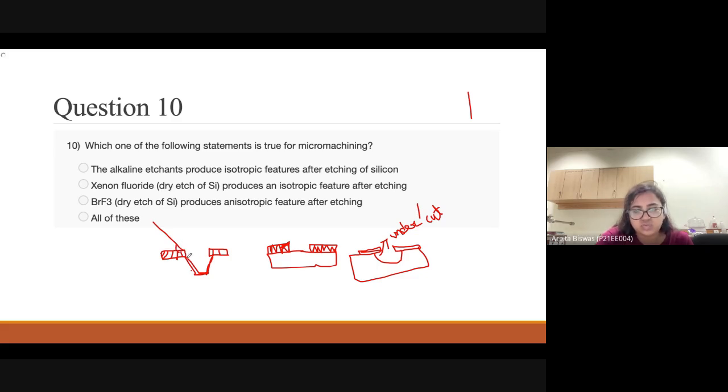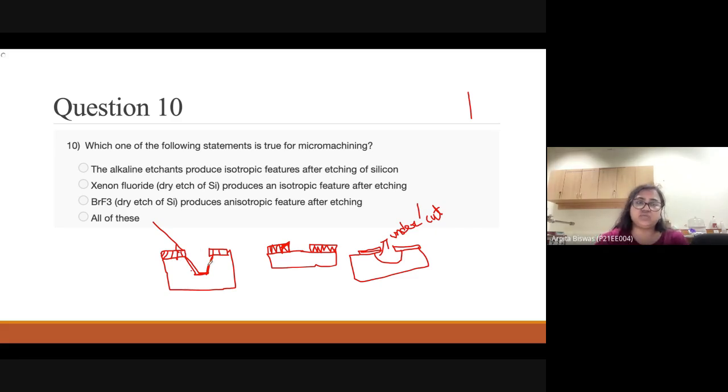You can see here it is not perfectly straight, so there is an angle. I will discuss later what the value of this angle is. So this is called anisotropic etching. This is the isotropic, and this is the anisotropic.